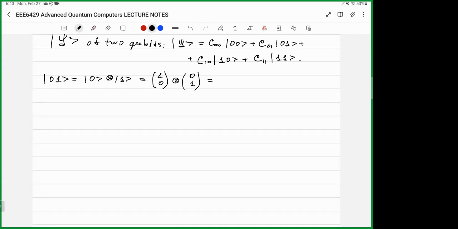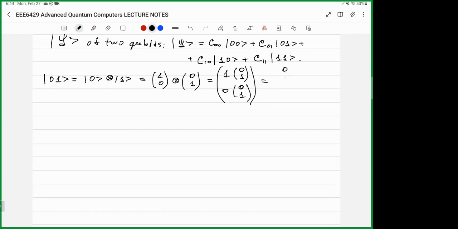How this tensor product works: I take the first element, 1, multiplied by the second vector, and the second element, 0, again multiplied by the second vector.